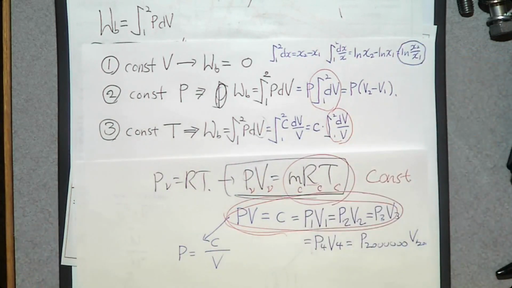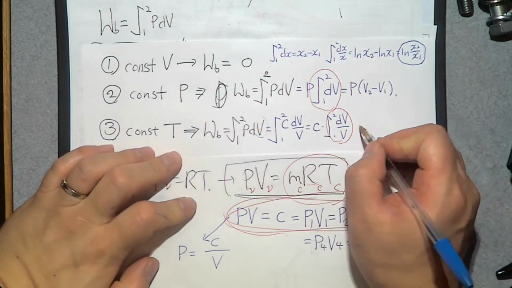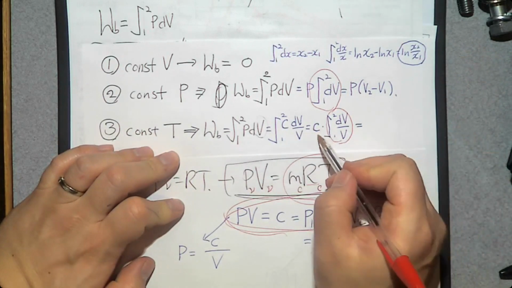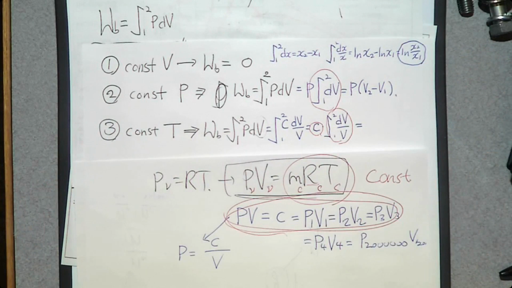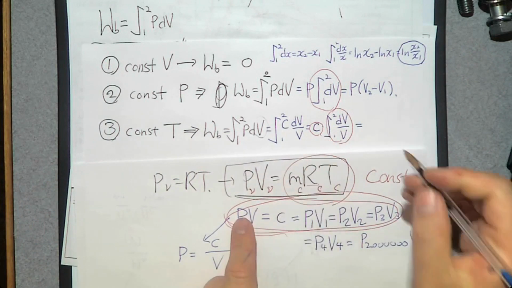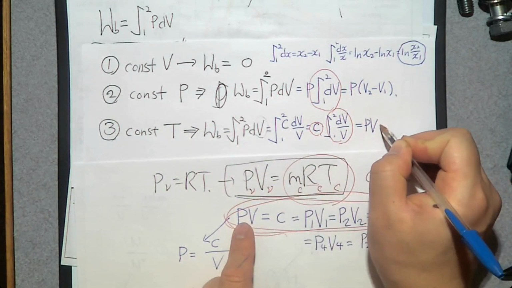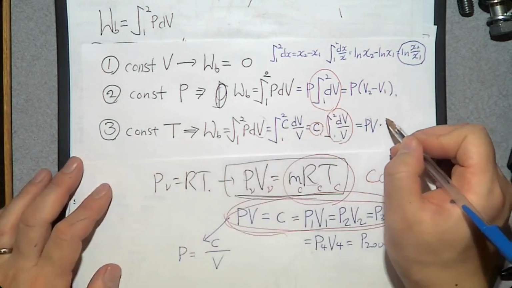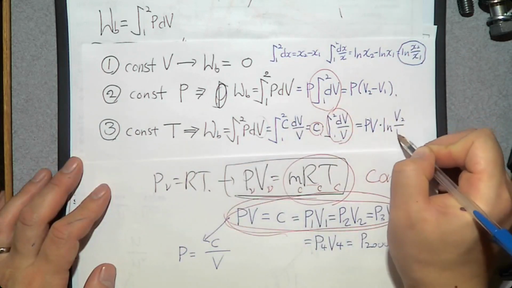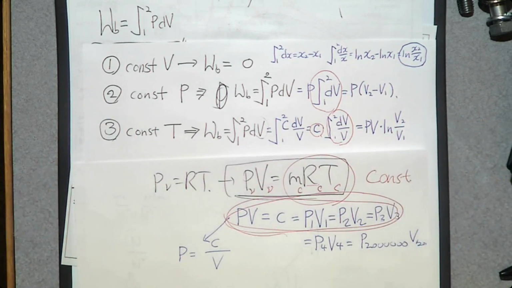You remember that? So similarly, the integration of dV over V is going to be natural log V2 over V1. Wait, what about this C? Oh, C is here. C is pressure times volume. So this C, pressure times volume, times this one, natural log V2 over V1. V1 is the initial volume, V2 is the final volume.